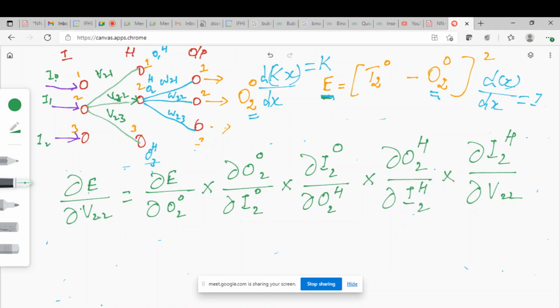Fine. Now I want you to tell this equation, say ∂E, what will be the change in error if I change, say, V23? I will use a different color here and draw that.